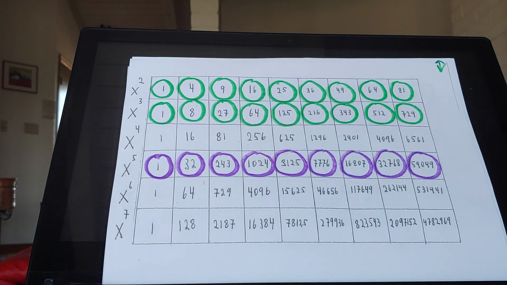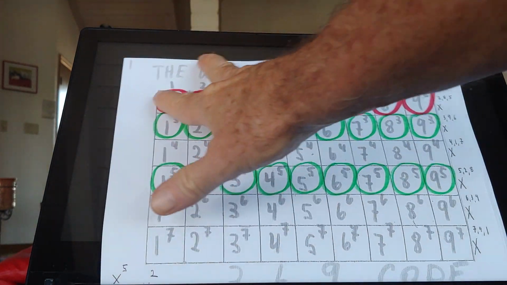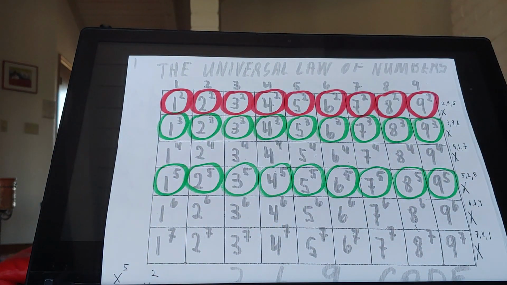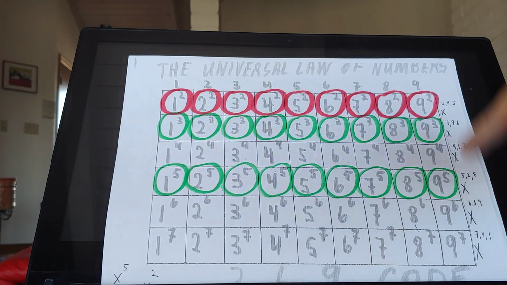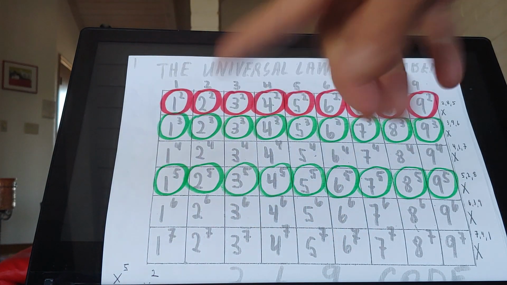Well, in this case, basically what we have is the system is the reciprocal of itself. The exponents following the 369 code become the reciprocal of what goes on inside.